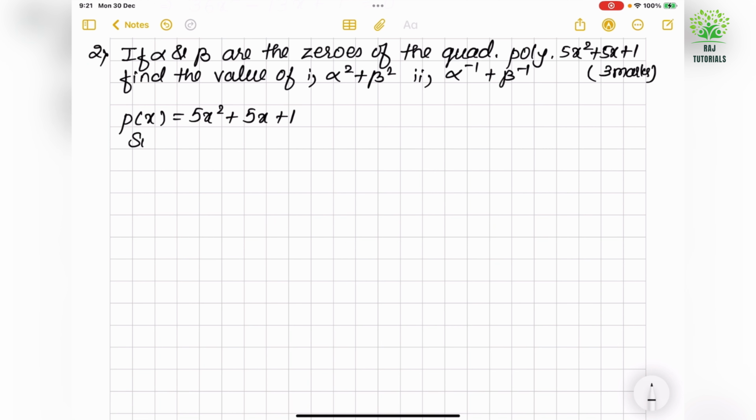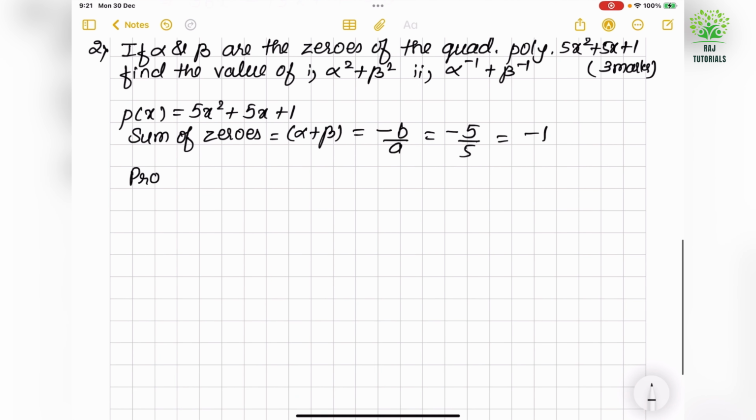So sum of zeros is alpha plus beta, which is equal to minus b by a. So that is minus 5 upon 5. So that is minus 1. Now product of zeros will be equal to alpha beta, which is equal to c by a. So which is 1 by 5.